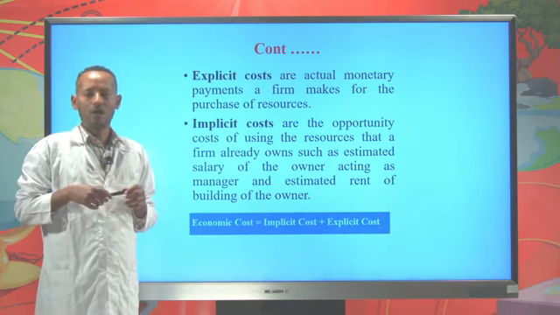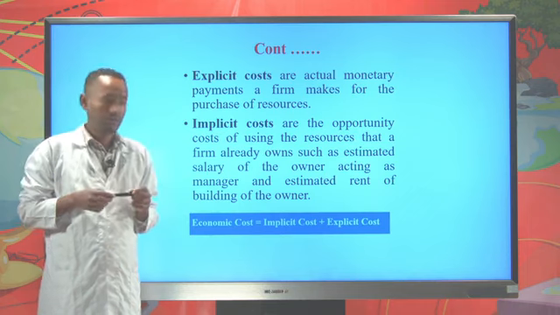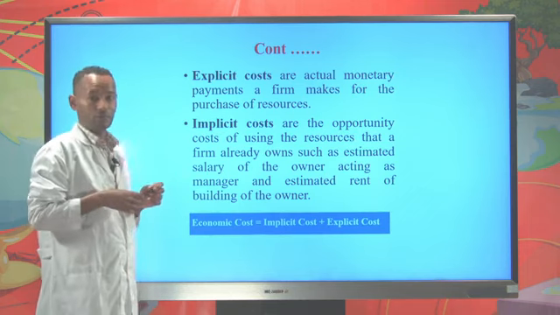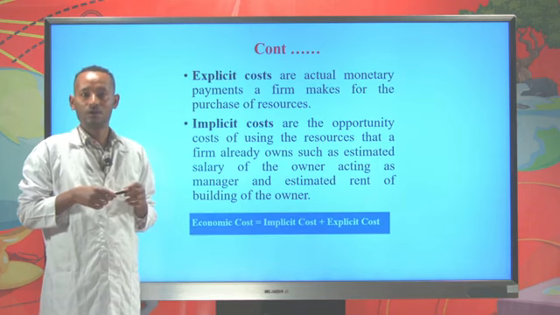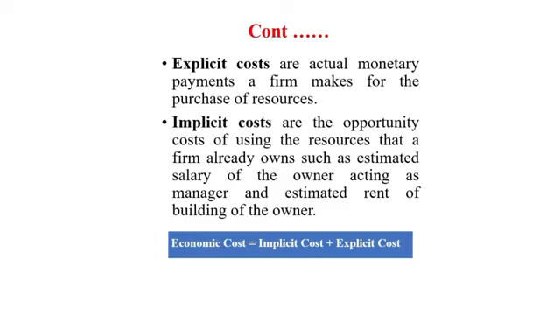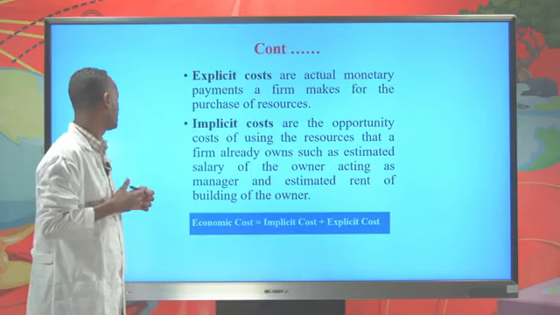The salary of the owner acting as a manager is also considered implicit cost. Many business owners in Ethiopia engage in production by using their own skill, so the estimated salary of the owner acting as a manager is considered implicit cost.